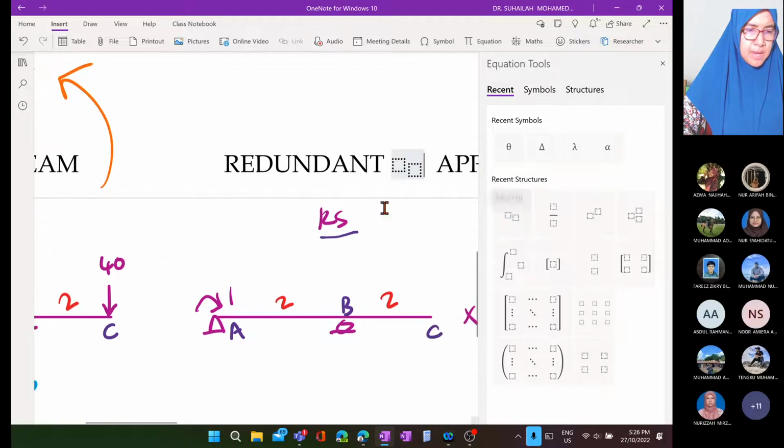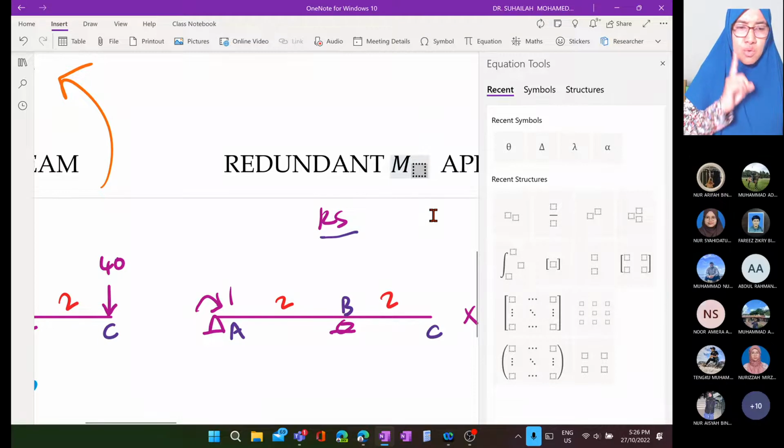Cepat-cepat, I'm waiting. Due to a unit moment at A, what is AY, what is BY?